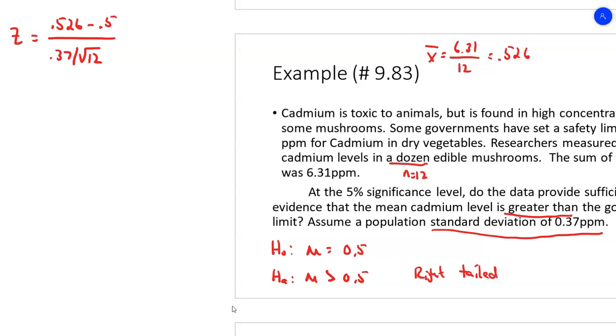I get 0.24. All right, so if you want to do this by the critical value approach, I want the 5% significance level. So let's find z of 0.05.